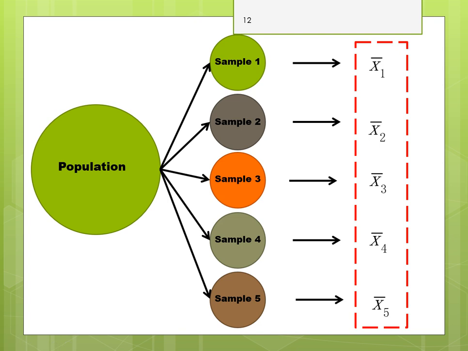If we want to do, we can get so many X bars, right? So here we can find that all of these numbers are sample means, right? Each number is a mean of a sample.